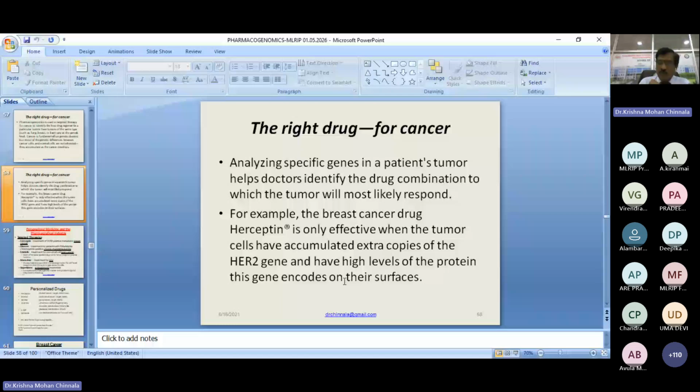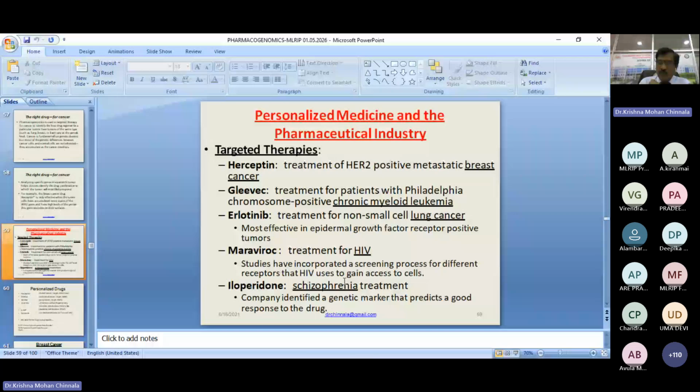So we will discuss this with pictures, but the drugs which are developed by personalized, pharmacogenomics mechanisms are like this. Targeted therapies: Herceptin, which we already discussed, is used in breast cancer for women.